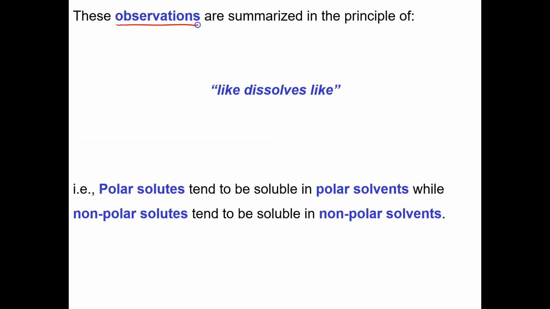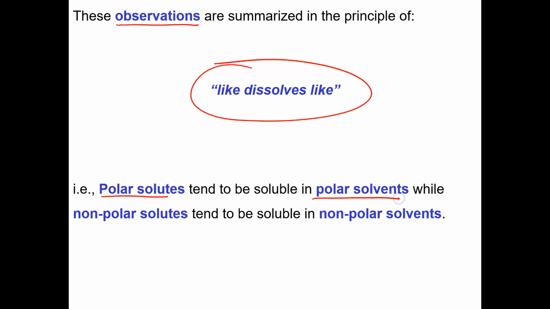So we put all of this together, and this is often summarized by what we call "like dissolves like," which basically states that polar solutes tend to be soluble in polar solvents, whereas non-polar solutes tend to be soluble in non-polar solvents.